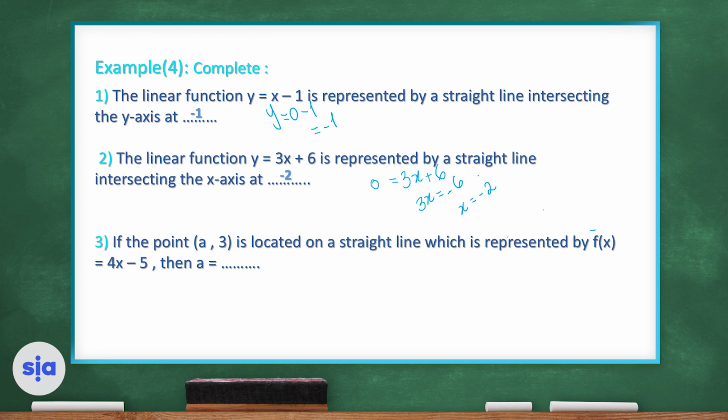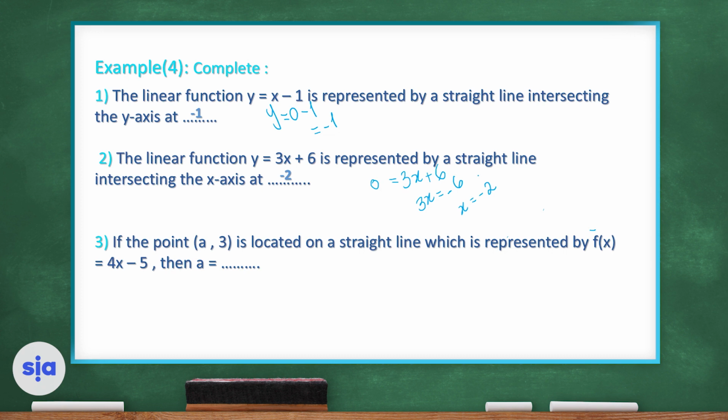Third question: if the point (a, 3) is located on the straight line represented by f of x equals 4x minus 5, what is the value of a?